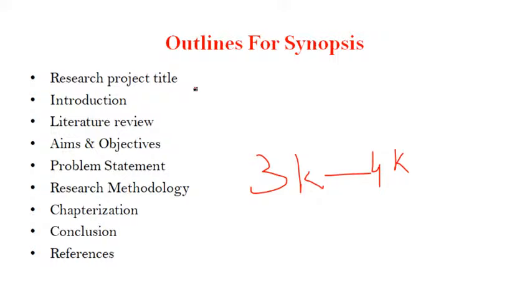You have to have clarity on this area, then only can you start the further process. Until you have an idea about your title, on which area you are going to do research, nothing can be done. So first you have to have a clear idea about your title.